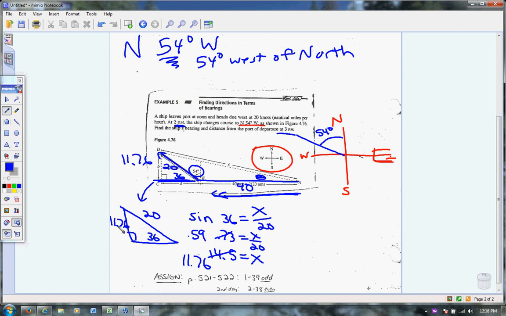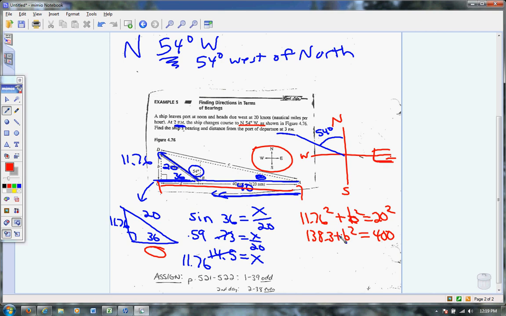The only thing I would have to do is use Pythagorean Theorem to find this side right here. Okay, I need that side so I can complete this triangle. All right, so we use Pythagorean Theorem, 11.76 squared plus b squared equals 20 squared. So this is going to be 400. 11.76 squared is 138.3 plus b squared.